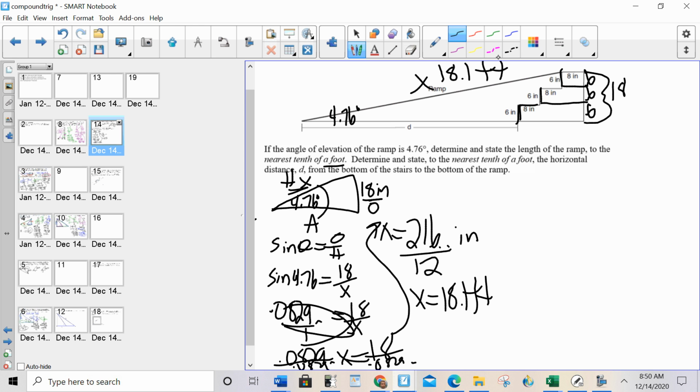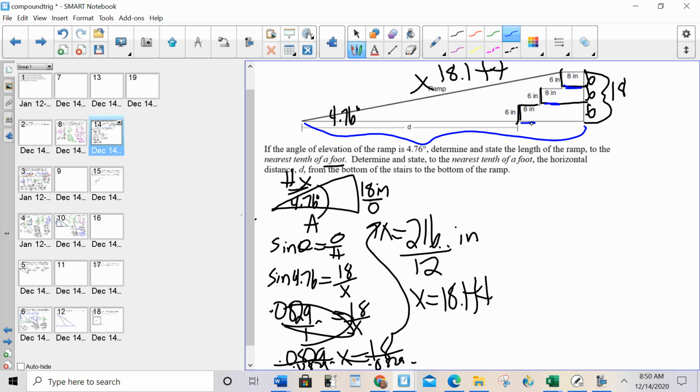All right, now there's another question. Determine and state, to the nearest tenth of a foot, the horizontal distance d from the bottom of the stairs to the top of the ramp. Well, d is part of this side. And since this is 8, this is 8, and this is 8, this is 24 inches, or I'm just going to convert it now.